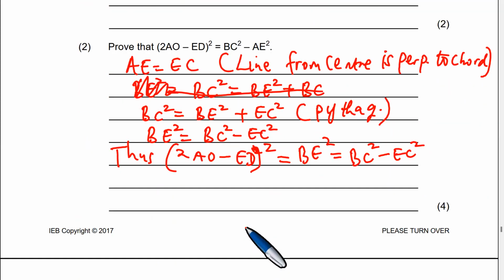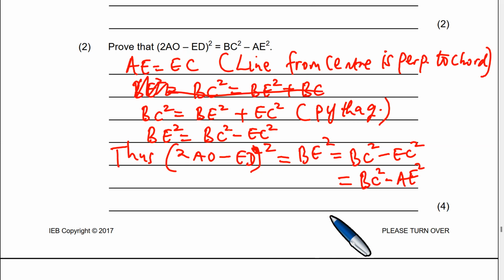So BC squared, and this is AE squared, because EC is equal to AE. In the place of EC, you can put AE, so we have this. And that is the answer.